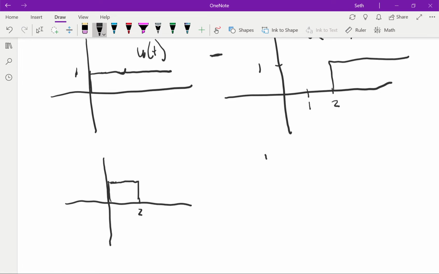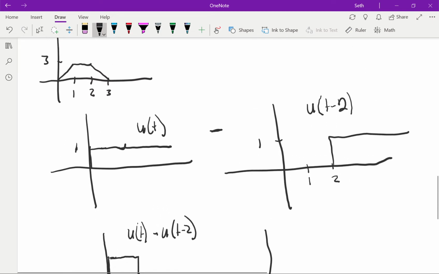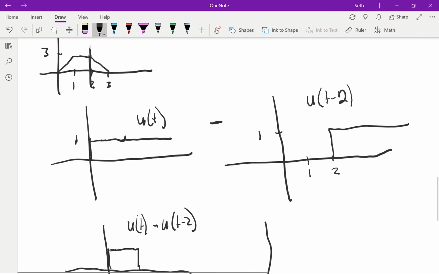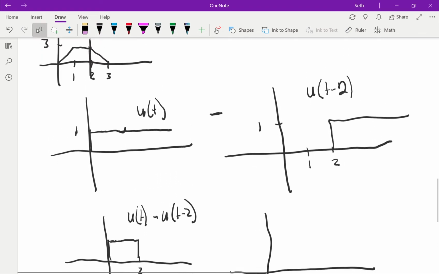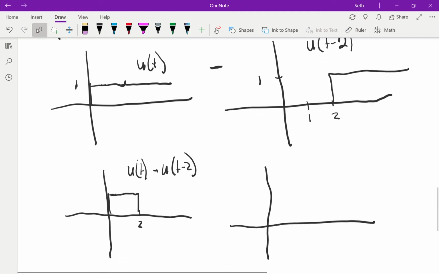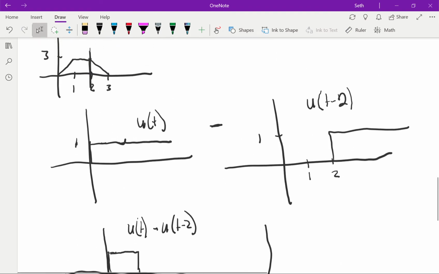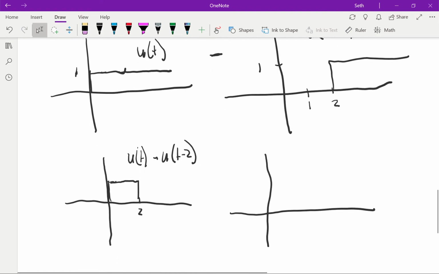Okay, so now let's multiply. This is u of t minus u of t minus 2. Now, x of t is right here, as we see. We need to take x of t multiplied by 1 up to t equals 2. So we're just somehow attenuating our signal.